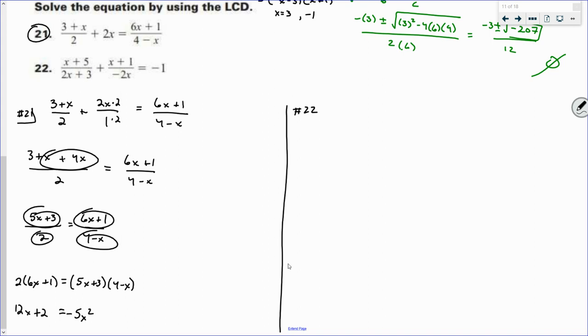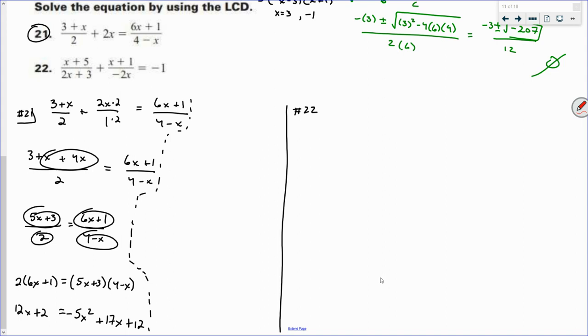Let's see, 20x and negative 3x is 17x, plus 12. So we need to get all the same side.